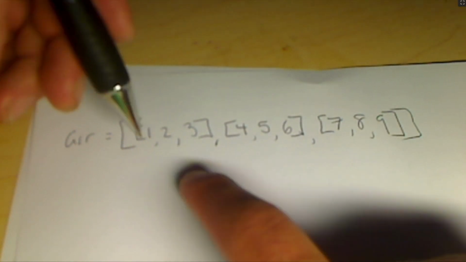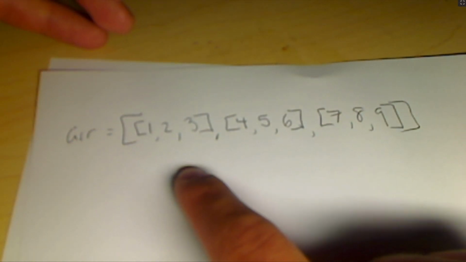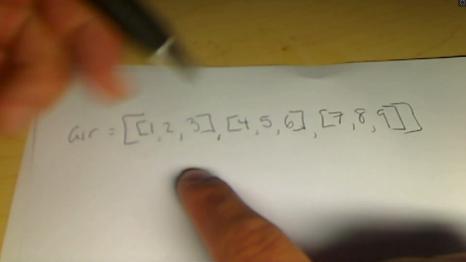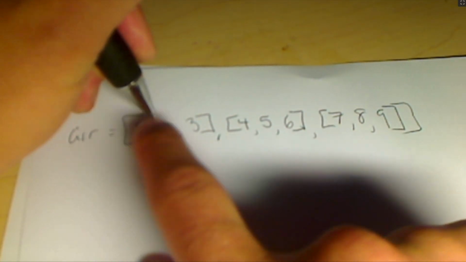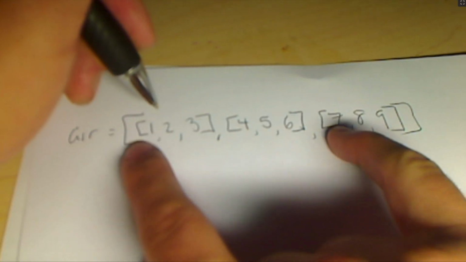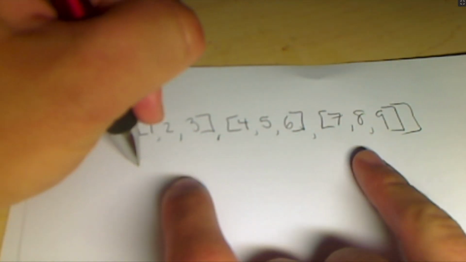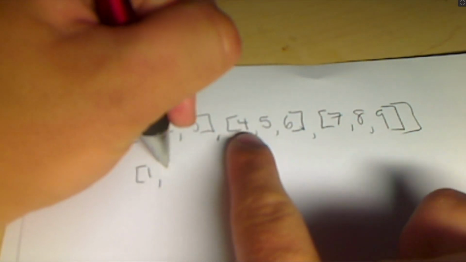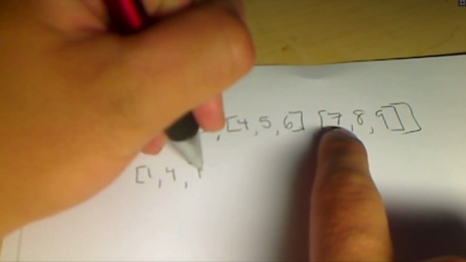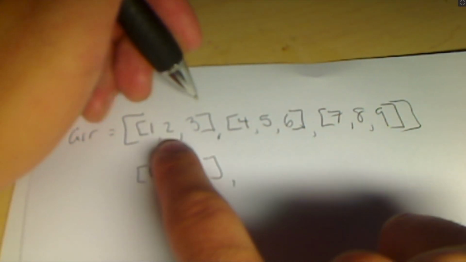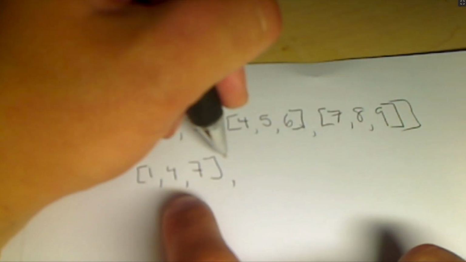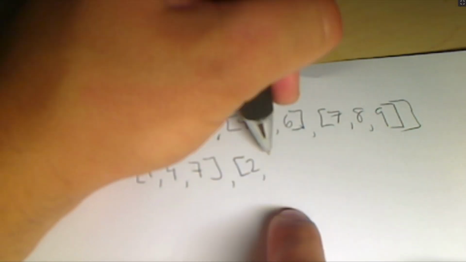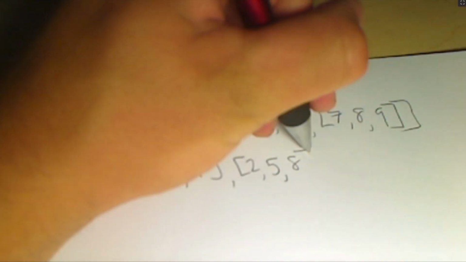So I'm actually just going to write down what we want to do in this step. I want to take the first element of every array and put it into a list. So I'm going to say 1, 4, 7. Okay, now I'm on the second element: 2, 5, 8.